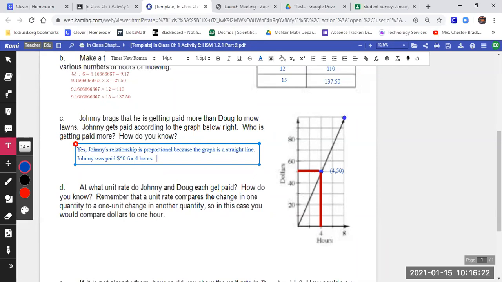So we need the whole statement on which one is bigger. Which one is a bigger number when we do that?